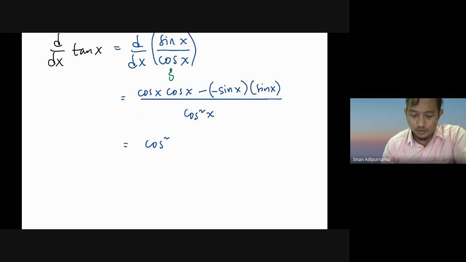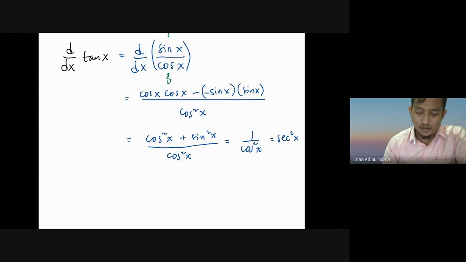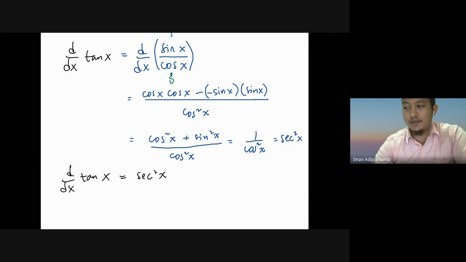So it will be cos squared x plus sine squared x over cos squared x, and we will have 1 over cos squared x. It will be equal to secant squared x. So d/dx of tangent is secant squared x.